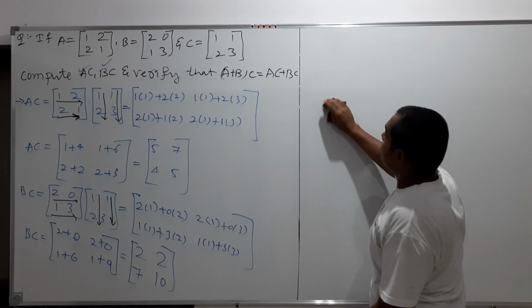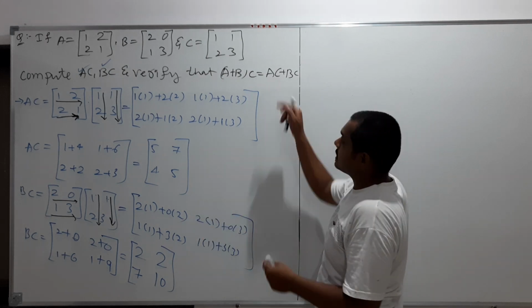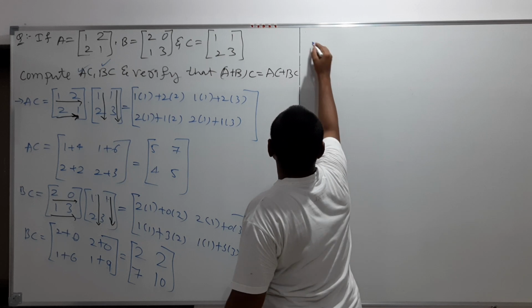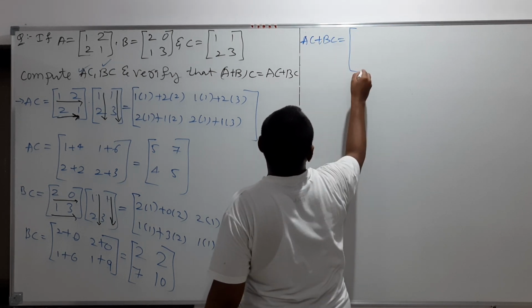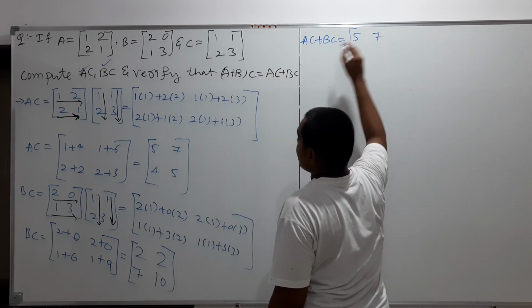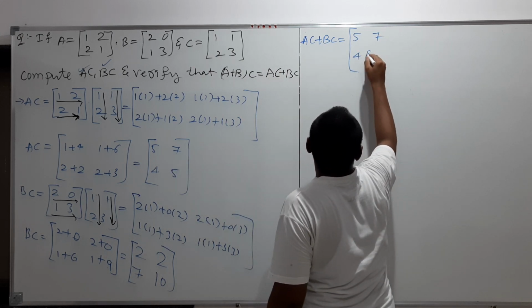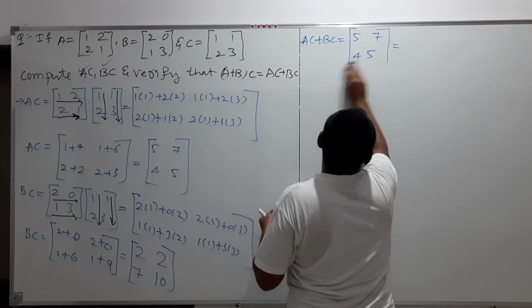So next, my dear friends, I will calculate AC plus BC, because we already calculated the AC and BC values. AC plus BC is equal to, what is AC? AC is 5 7 4 5. My dear students, this is our AC value.